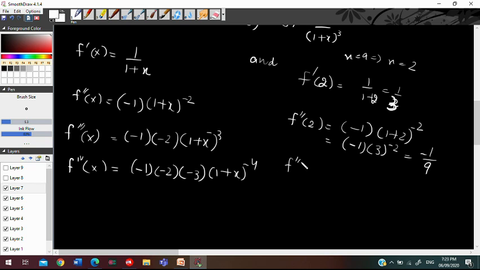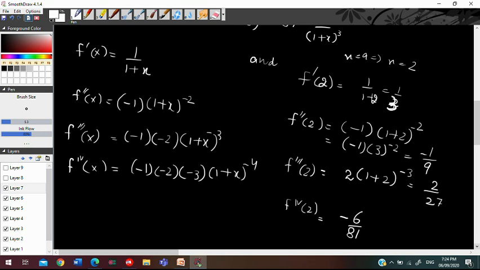Now the third derivative at point 2 is minus 1 and minus 2 plus 2, which means we have 2 into (1 + 2) to the power minus 3, which is equal to 2 divided by 27, and the fourth derivative is equal to minus 6 divided by 81.